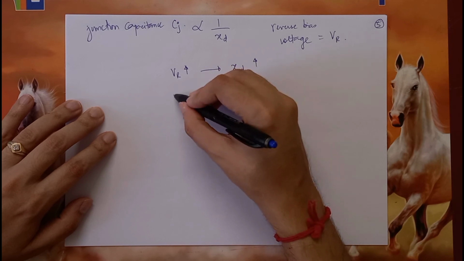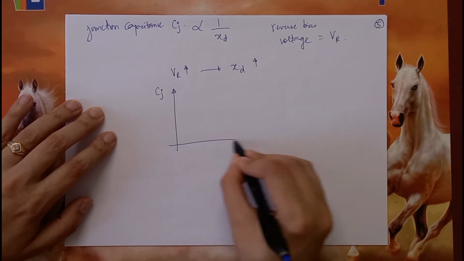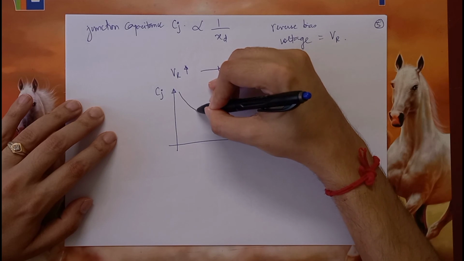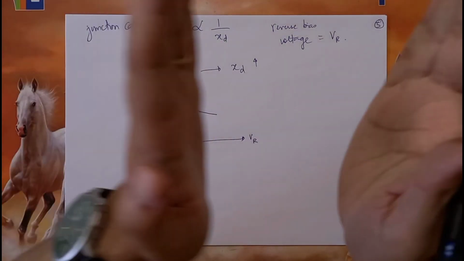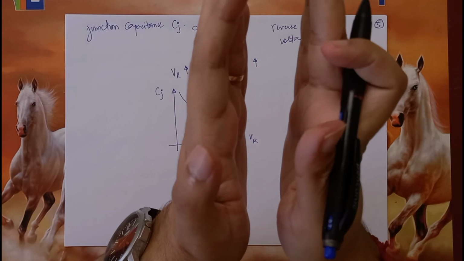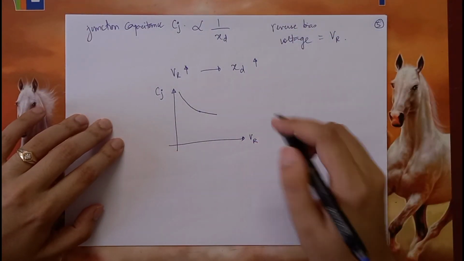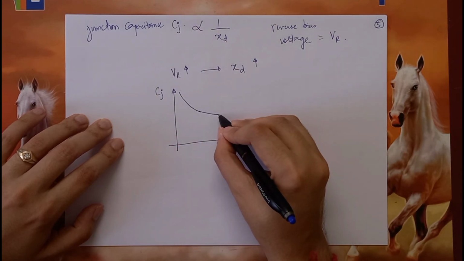So in general, what happens for a normal diode is that if you draw a plot of Cj versus VR, you will observe something like this. Right? So when the VR is least, the XD is minimum and the capacitance therefore is maximum. As VR increases, the XD increases, so therefore capacitance reduces.